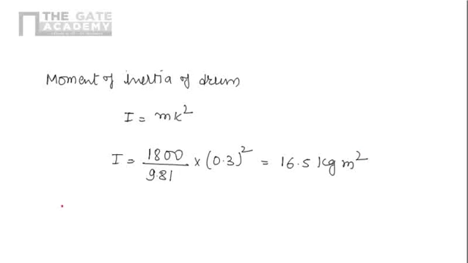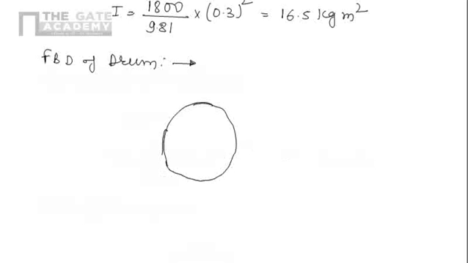So now let's draw the free body diagram of the drum. Here, in the free body diagram of the drum, we have the rope. We have to see the tension here, T, and this distance we know is 37.5 centimeter. Now it is in rotatory motion, so first of all, we have to find the torque.